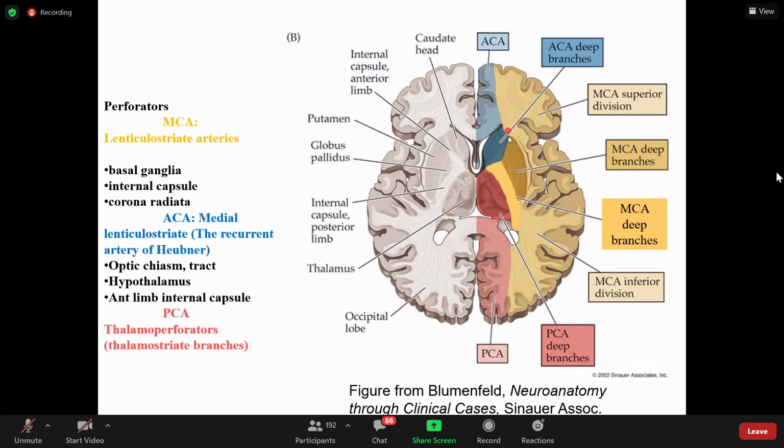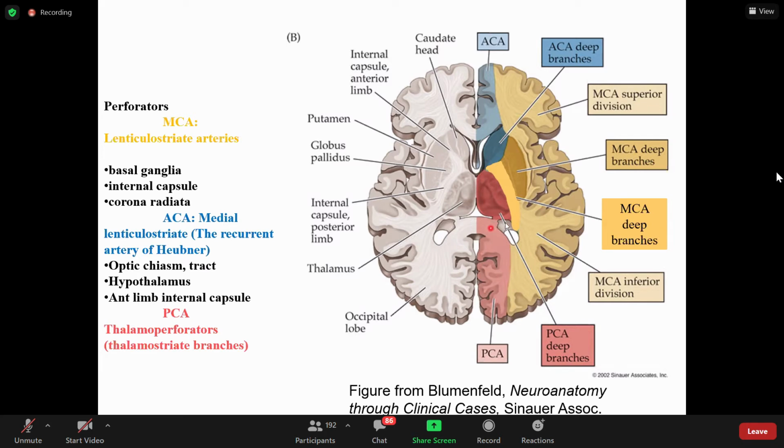In blue, we have the area supplied by the anterior cerebral artery. Also, it supplies the basal ganglia, and it supplies the anterior limb of internal capsule. And in whatever this color is, pink, purple, I don't know.